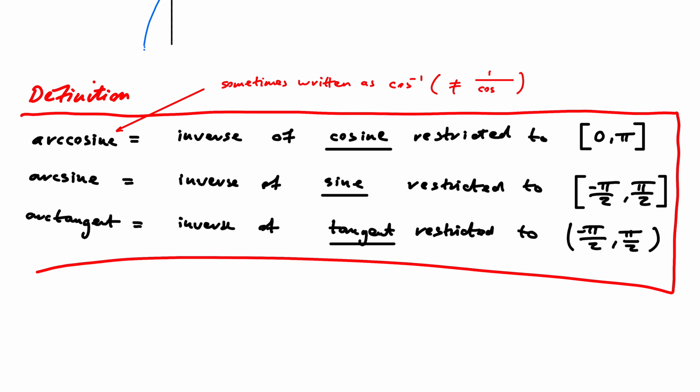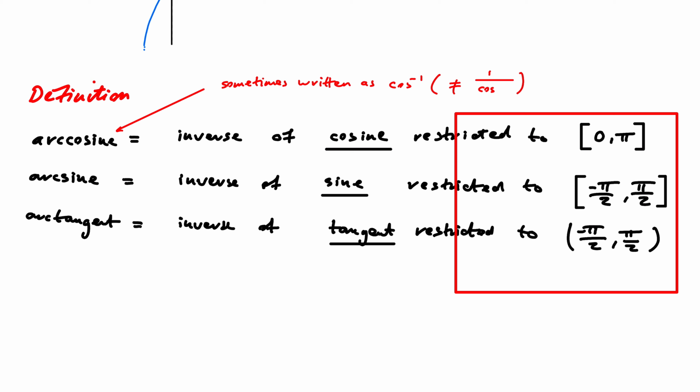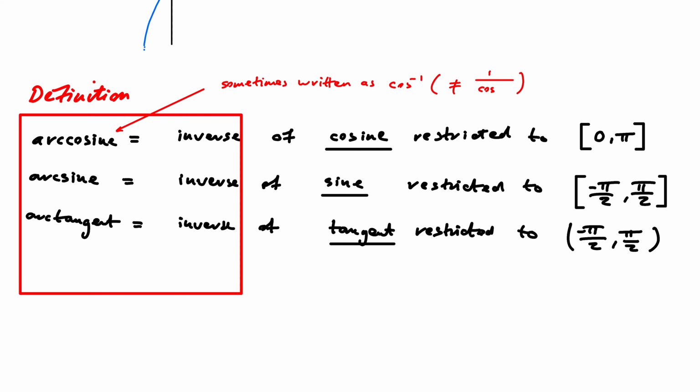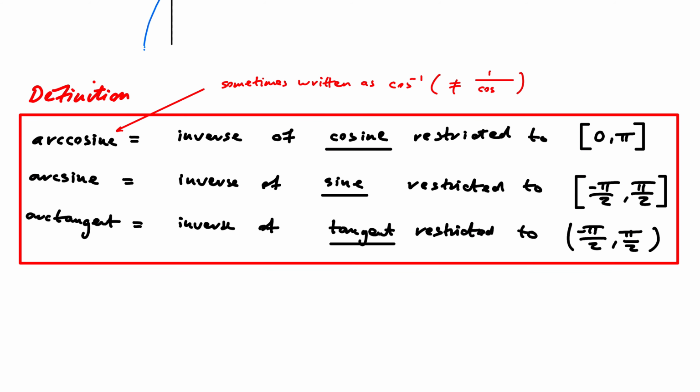So this is the definition of the inverse trigonometric functions. It's not 1 over cos or 1 over tan or 1 over sine. It's the inverse function to cosine, sine, and tan restricted. So these are our inverse trigonometric functions.